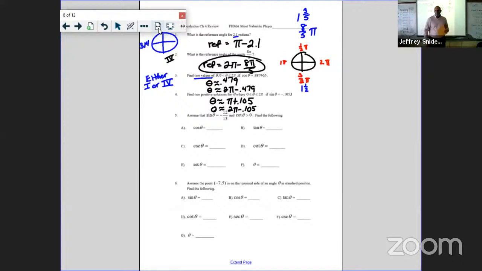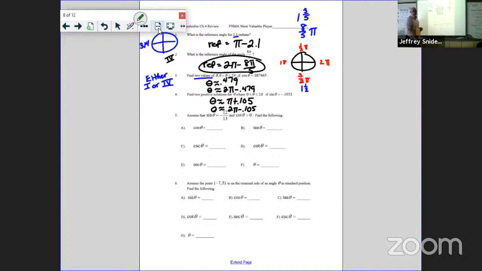Does the quadrant in number 5 have to do with the problem? Yeah, because the cosine, cosecant, secant, tangent, cotangent are all going to have signs based upon what quadrant it's in, and so is the angle. So look at what I've given you there. What are the two things you know about this?